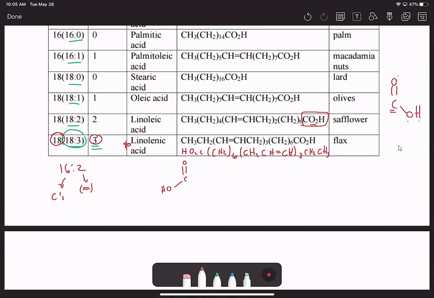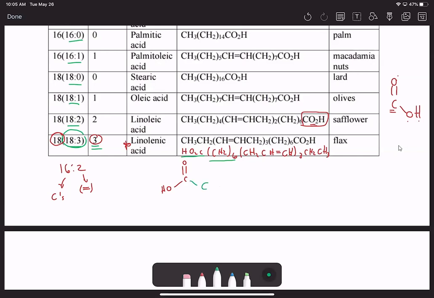And then if I follow it, I've taken care of this. Let me take care of this. I have 6 CH2s: 1, 2, 3, 4, 5, 6. And you know what? I think I'll stick with just the condensed structural formula. I don't think we'll go with line formula.